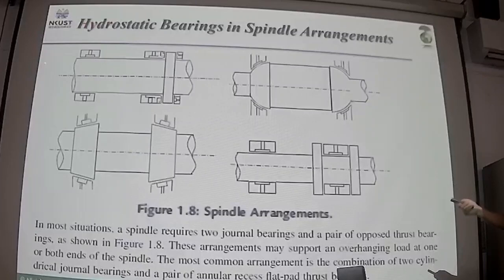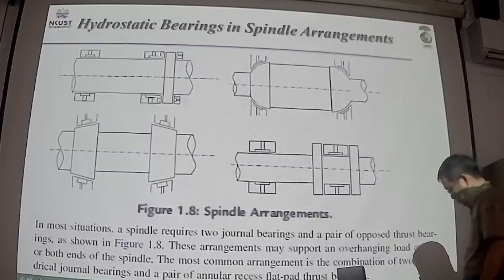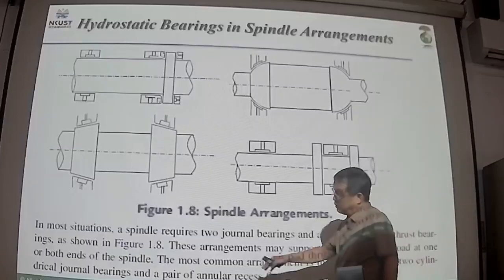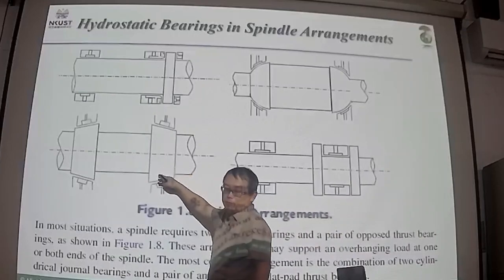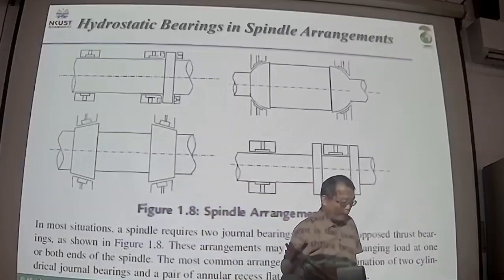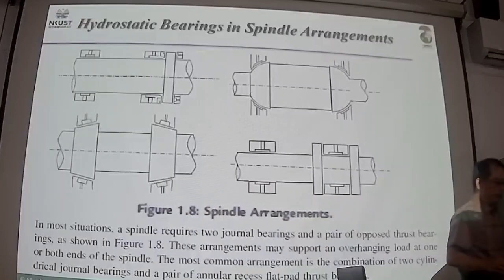For this kind of bearing, you can manufacture on a 3-axis milling machine. And for the conical bearing, you need to manufacture this cone angle, so you need a 4-axis milling machine.